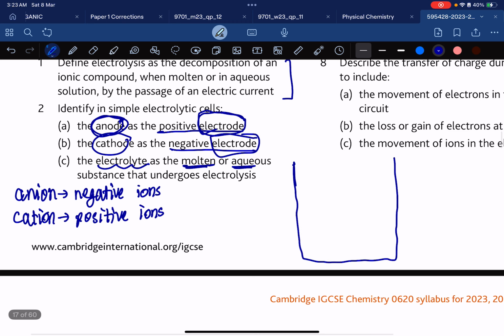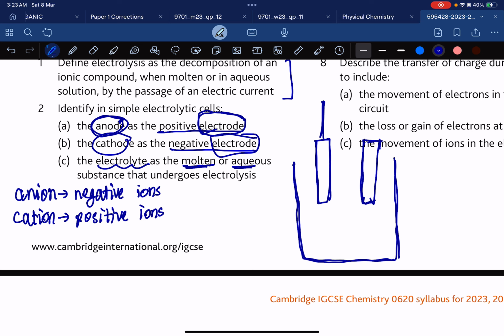You have your beaker like this, and you have your electrode over here, and you have another electrode over here, and they're connected together using a cell. Now the bigger side shows positive and the smaller side shows negative. That means that if it's positive, this is my anode, this is my cathode.